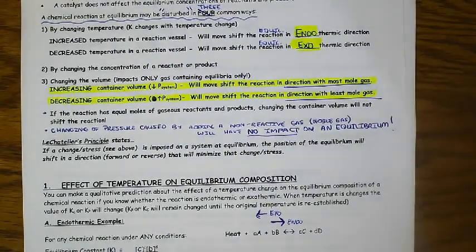Le Chatelier's principle states that if a change or a stress is imposed on a system, the position of the equilibrium will shift in a direction that will minimize that change or stress.